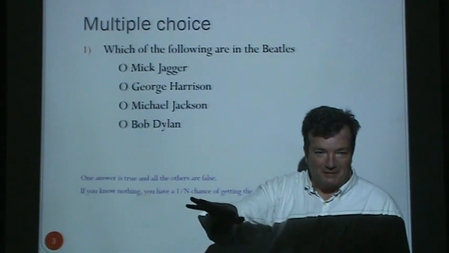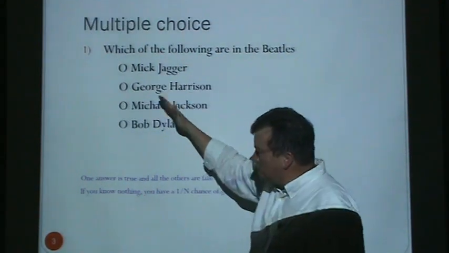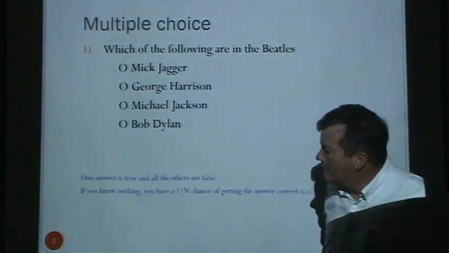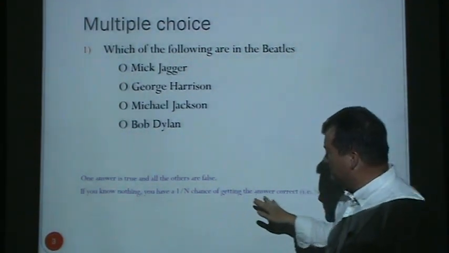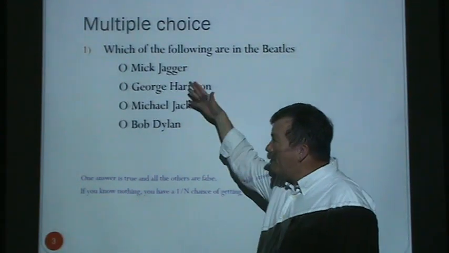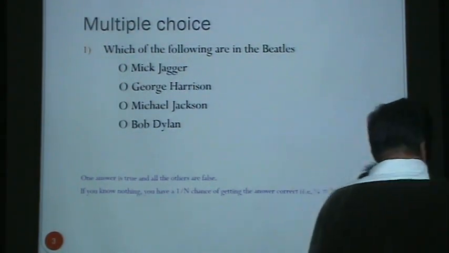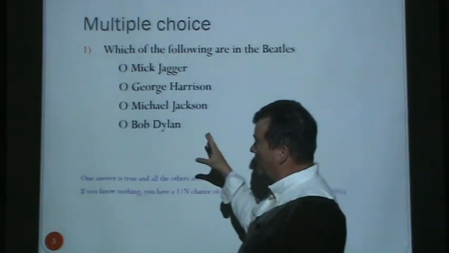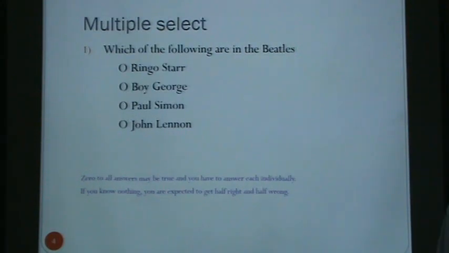One out of 4, right? It depends on how many choices, but 1 out of 4. So if you know nothing, you have a 1 out of n chance of getting it right. And if you have some knowledge, maybe you could increase your probability of getting it right. So maybe this would be a little bit more accurate than a true or false test.